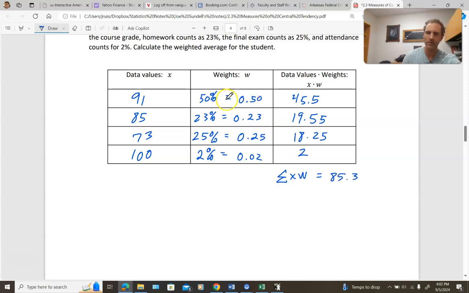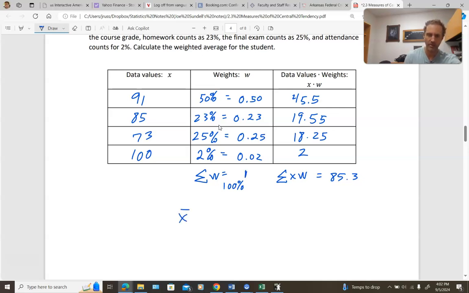And I also want to sum up my weights. Okay. Well, if I sum all these up, I will get 1, which is the same as 100%, by the way. But you're only going to be using 1. Okay.